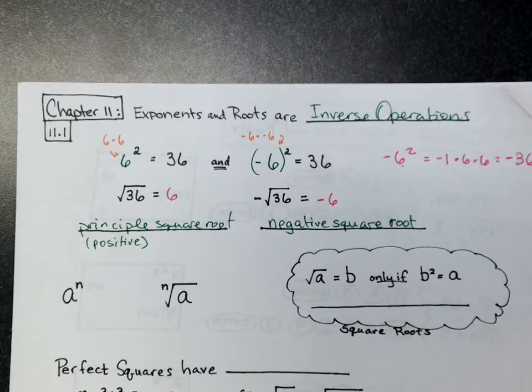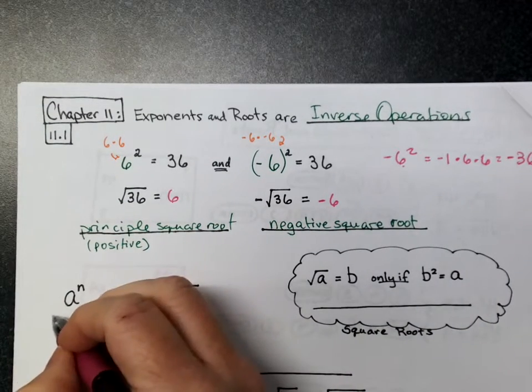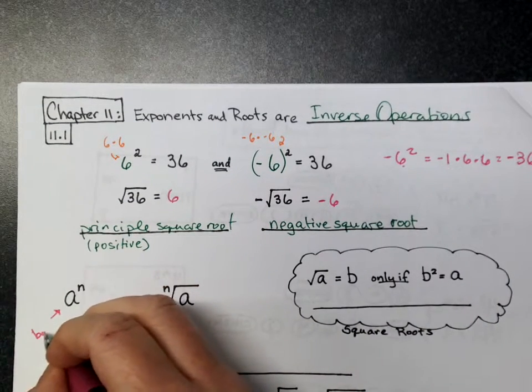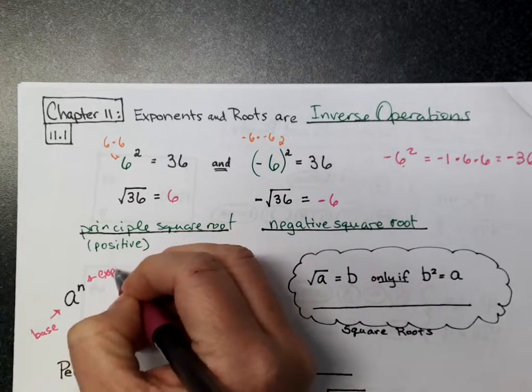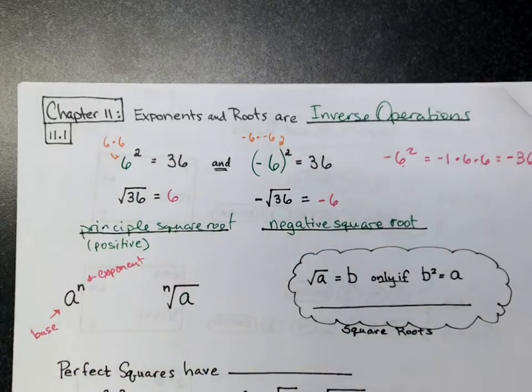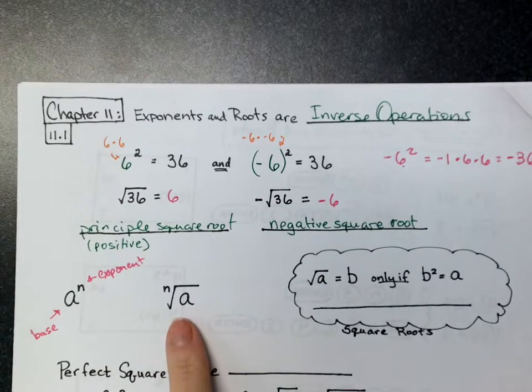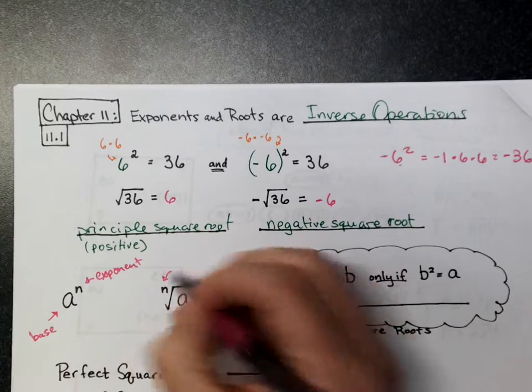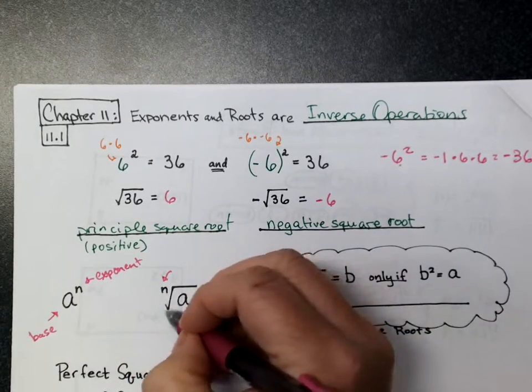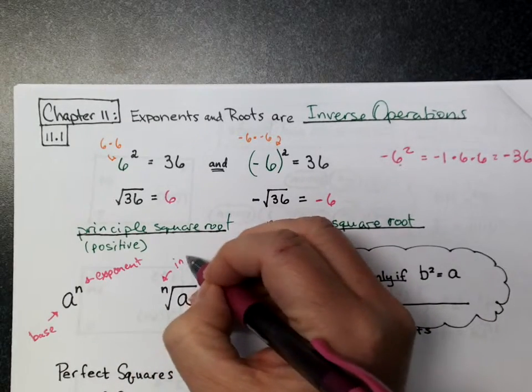All right, so reinforcing a little vocabulary. This, of course, when dealing with exponents, is called the base, and that is the power, or the exponent. Now we're working with the opposite, the inverse operation of radicals. That right there, a little raised number in front of the radical sign, is called the index.